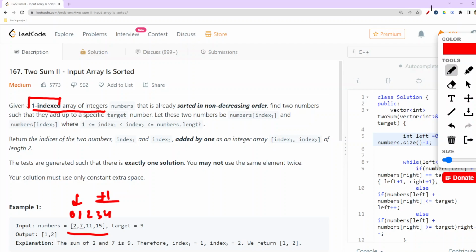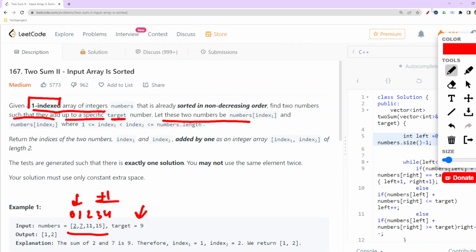Given a one-indexed array of integers numbers that is already sorted in non-decreasing order, that is, in ascending order, find two numbers such that they add up to a specific target, which is this one.